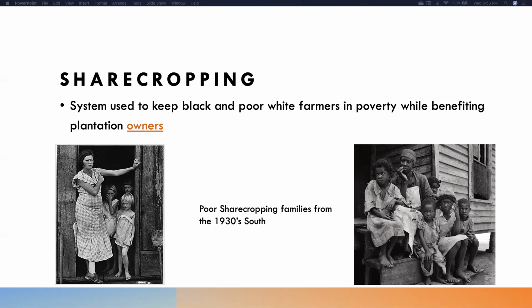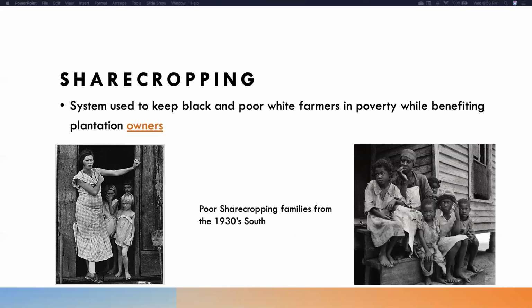They were designed so that it would be impossible for black people in particular to ever get to the point that they would have economic freedom. So while they have more control over their own labor, they're not slaves being forced to work for free to grow crops, they are still receiving, in many cases, pennies on the dollar for the work that they are doing. And that's why even into the 1930s, which is 60, 70 years past Reconstruction, you still have people who look like this. You still have people who live like this.